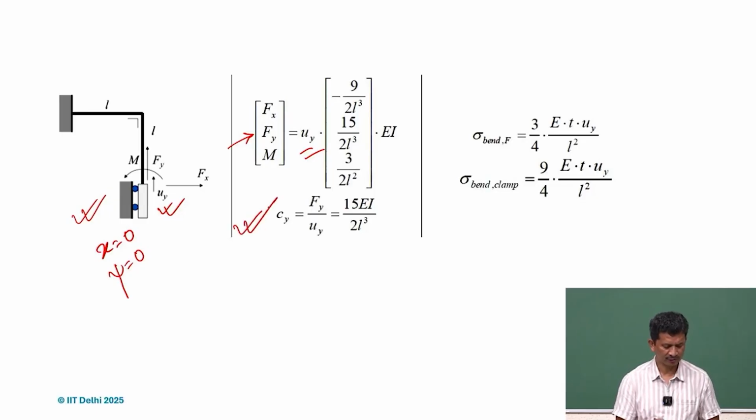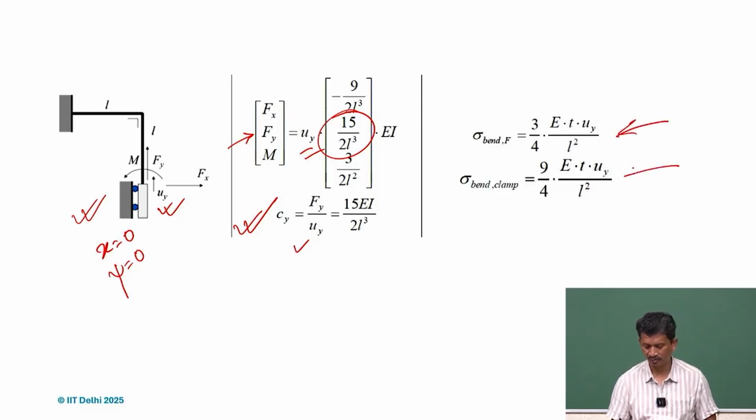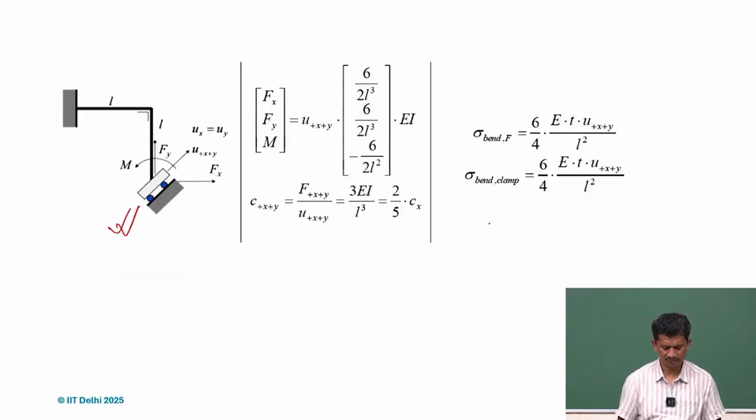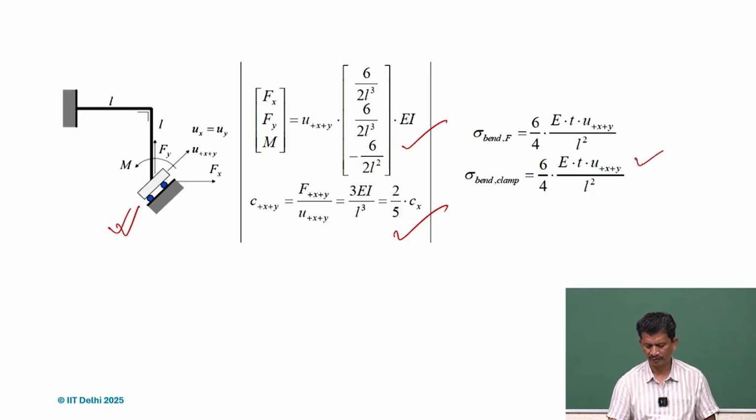Again, we can find the stiffness along the y direction, Fy by Uy. Likewise we can have the bending stresses, and the maximum value will determine the range of motion. Similarly, we can have this kind of arrangement, and again find the stiffness matrices and the bending stresses.